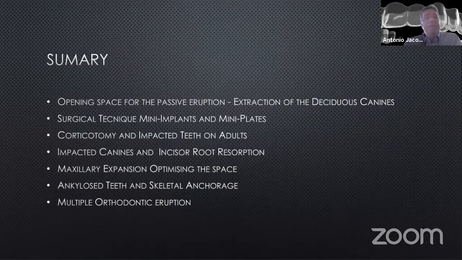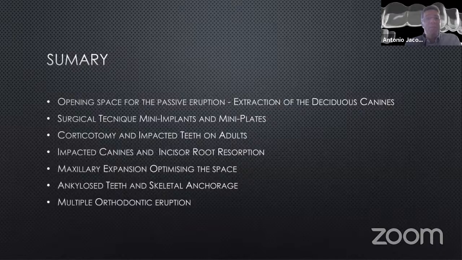I will talk a little bit about corticotomy and impacted teeth in adults. I will talk about impacted canines and incisor root resorption, and how we can manage the resorption in these incisors caused by canines, using rapid maxillary expansion to optimize the space for bringing in the impacted teeth.